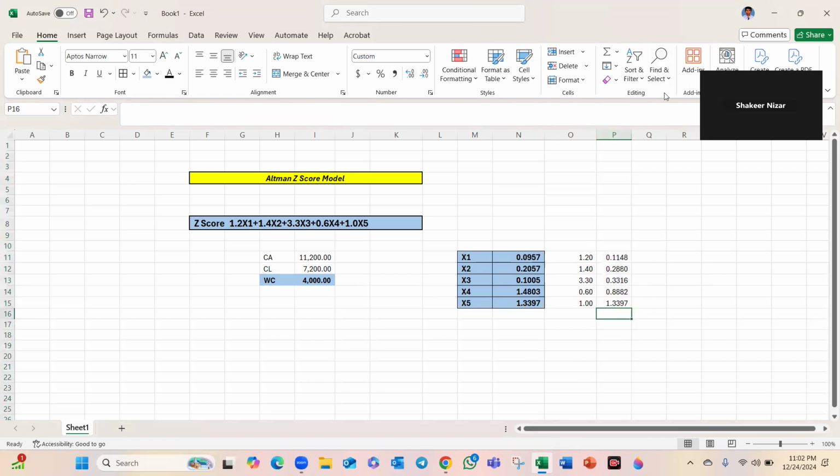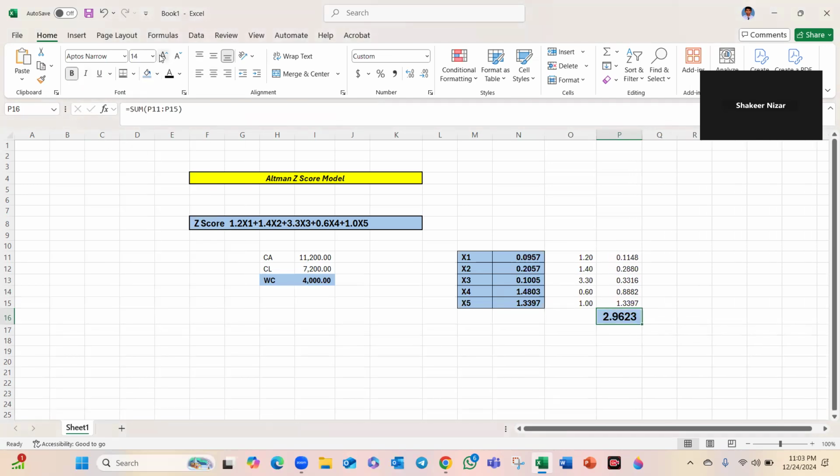The sum of these is the Altman Z value. Based on that, you can easily get the 9 marks. So the interpretation is there.